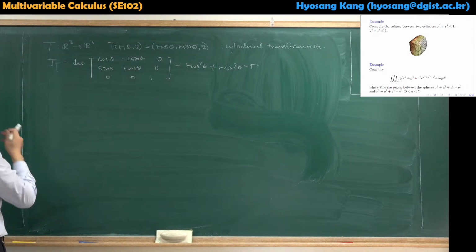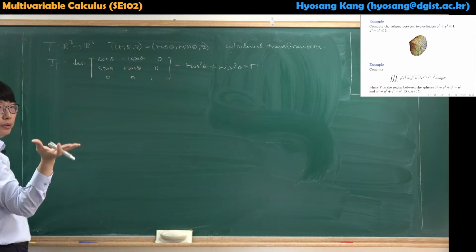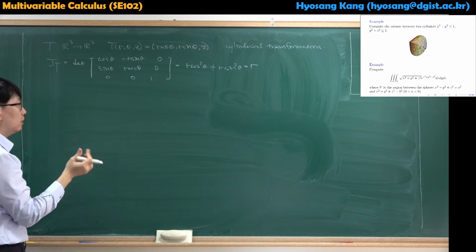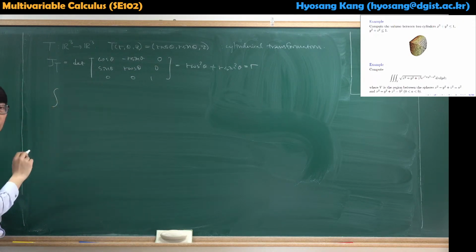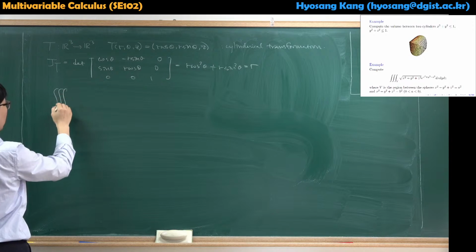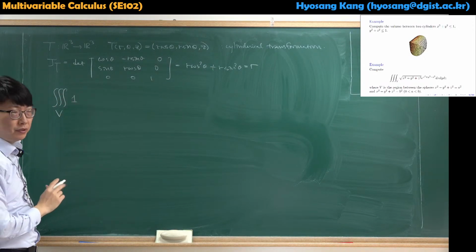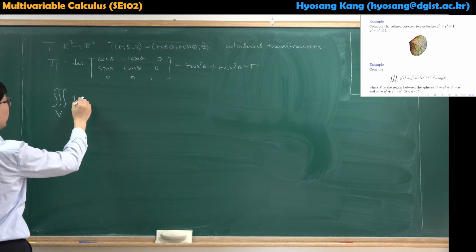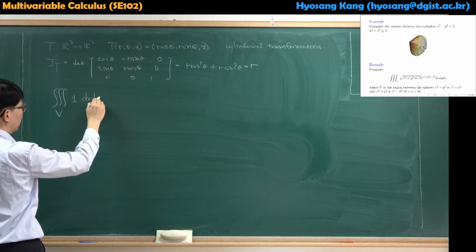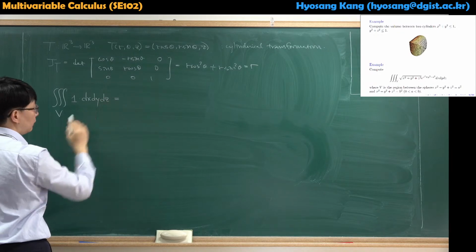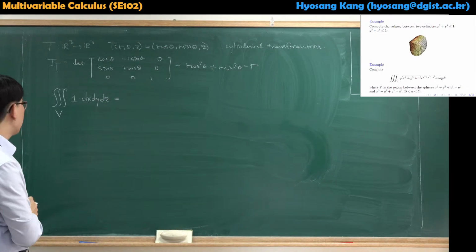In order to find the volume inside that region, I need to take 1 as my function value. It's a constant 1 function, and take dx dy dz. That becomes the volume, right?